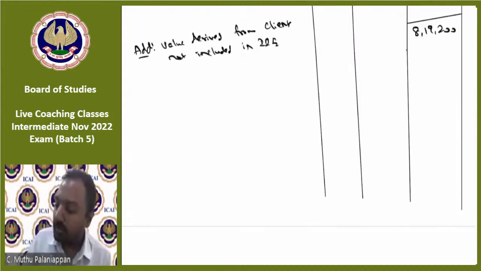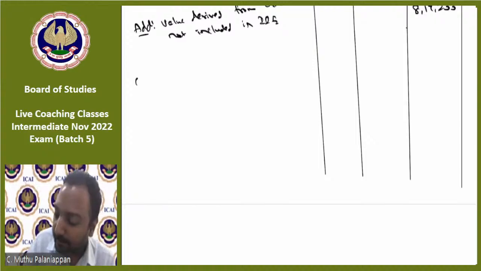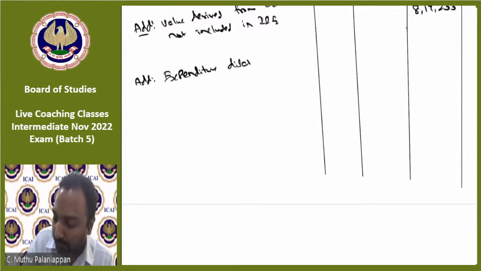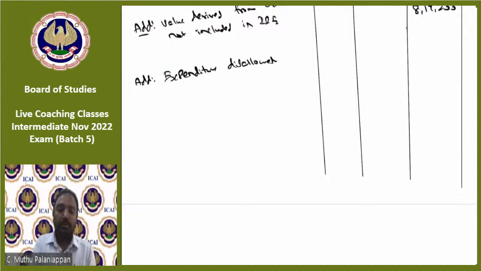So what we'll do is we'll come to expenditure, that is, add expenditure disallowed. So we need to adjust those expenditures, correct? So what are those expenditures? Whatever we are saying is not part of business or is not allowed.